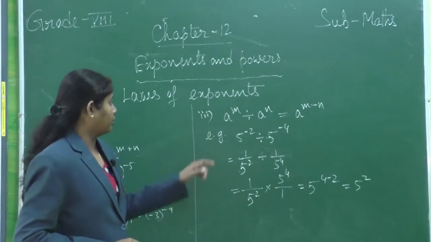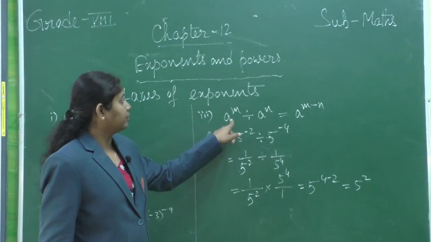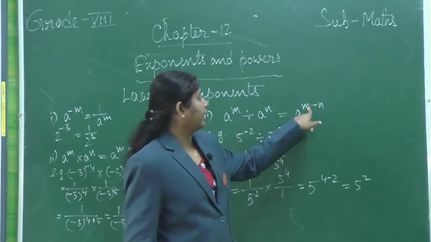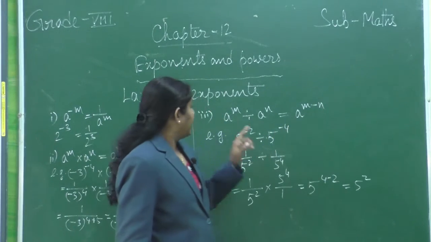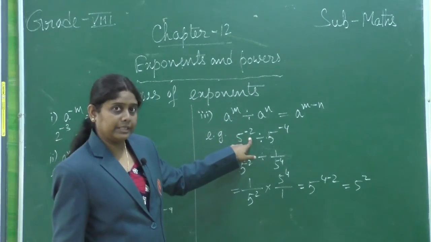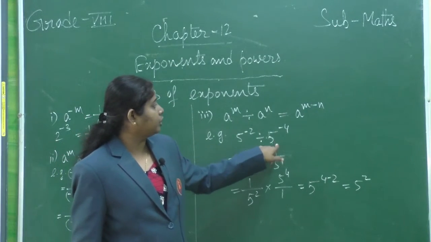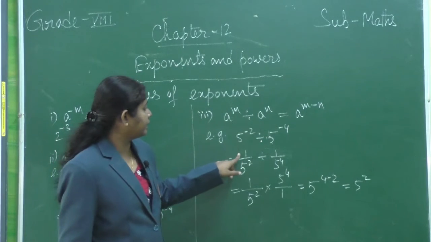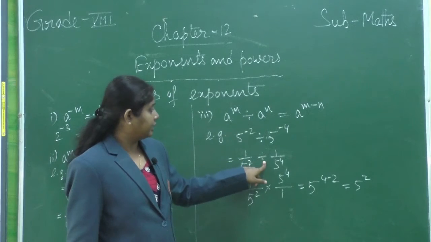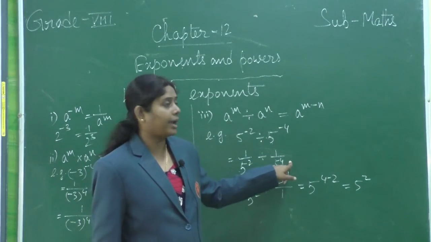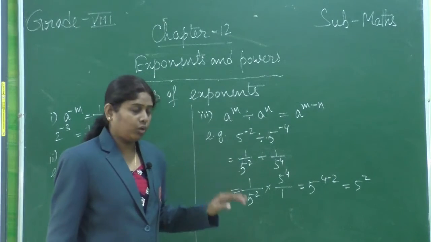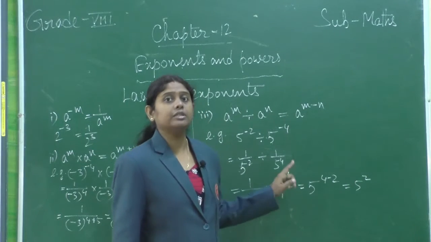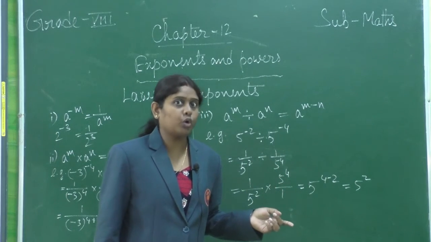Come to the third law. a to the power m divided by a to the power n is equal to a to the power m minus n. Example: 5 to the power minus 2 divided by 5 to the power minus 4. After taking the reciprocal of this, we will get 1 by 5 square divided by 1 by 5 to the power 4. As we know, if we change the division sign to multiplication, the fraction is going to take the reciprocal.